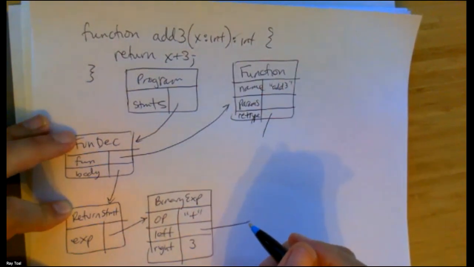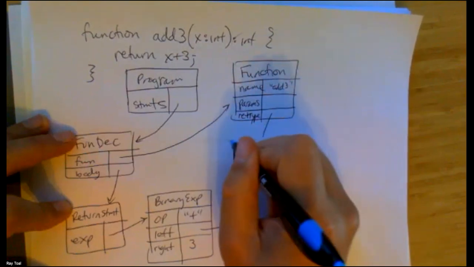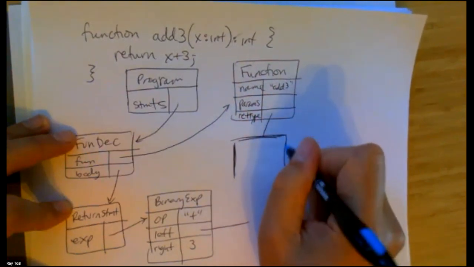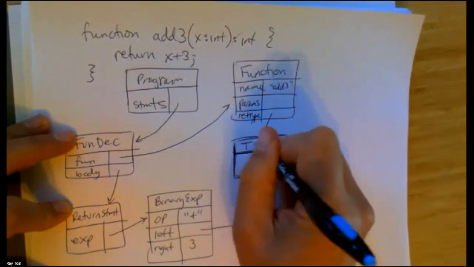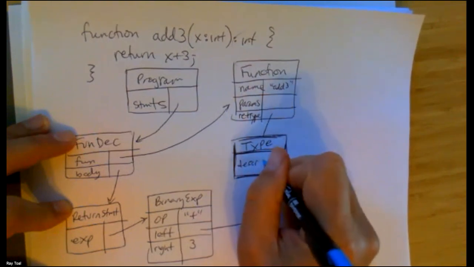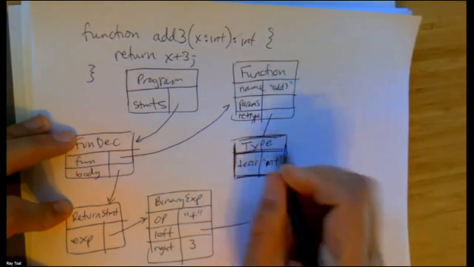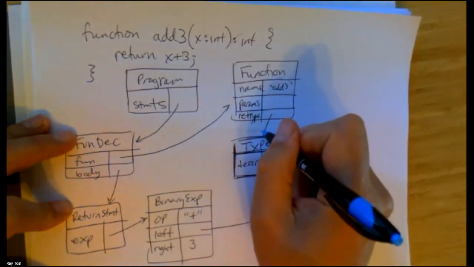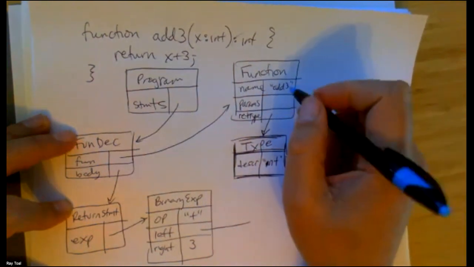Well, what's that? Okay, that's going to be something that's just built in. We need to have a built-in representation of the type, the built-in type whose, I don't know, right now we'll just say its description is int. We'll have to deal with where that comes from pretty soon. Okay, but yeah, that's going to be the return type.